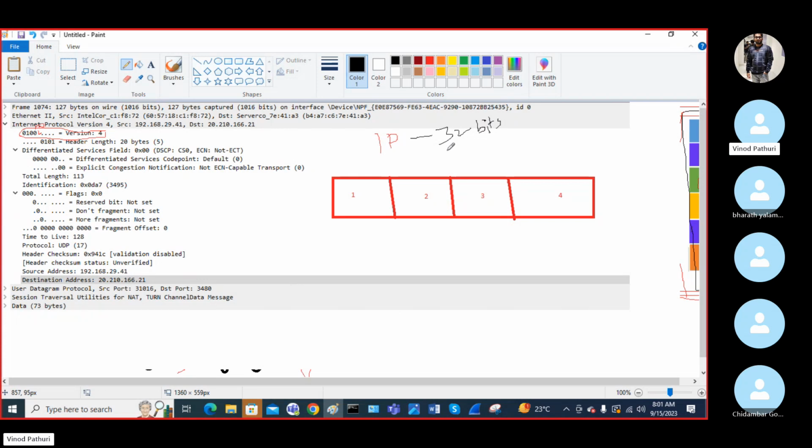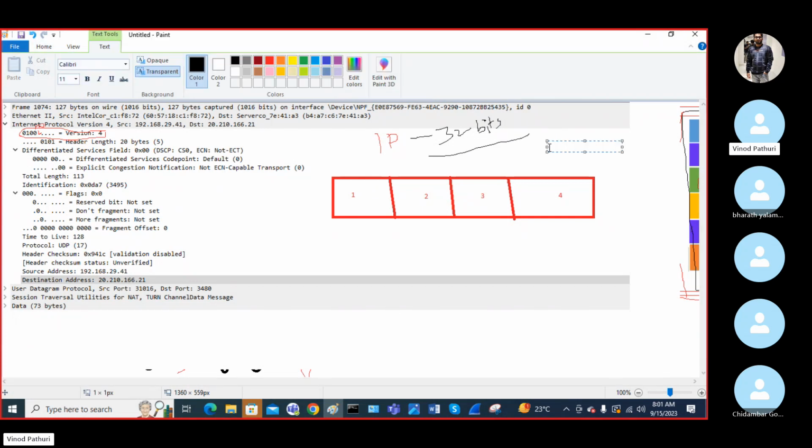So here in these 32 bits, we will divide these 32 bits into 4 octets. Just listen carefully, guys. This is divided into 4 octets, and each octet has how many bits? 8 bits.